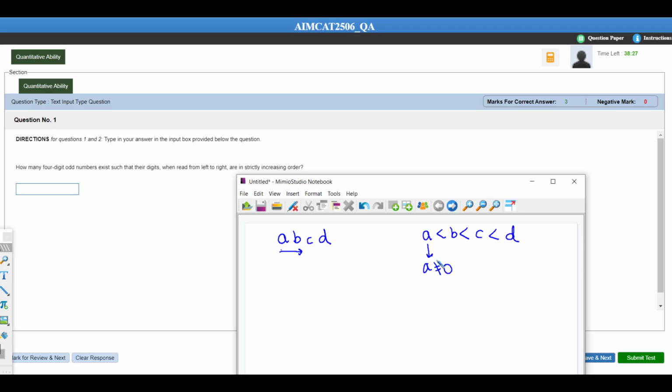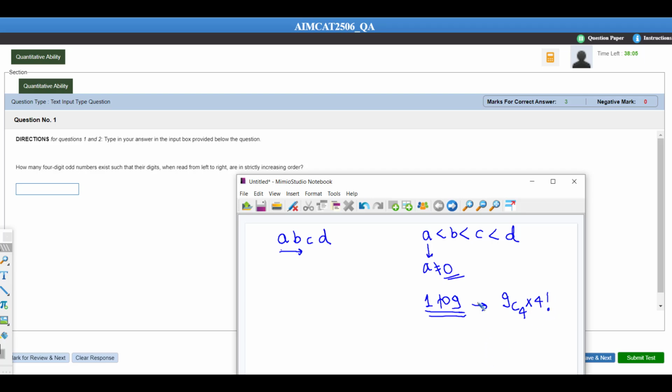And as it is an increasing order, the 4 digits should be distinct. So I cannot use 0. From 1 to 9, I need to choose 4 digits, that is 9C4, and I need to arrange those in 4 factorial ways.